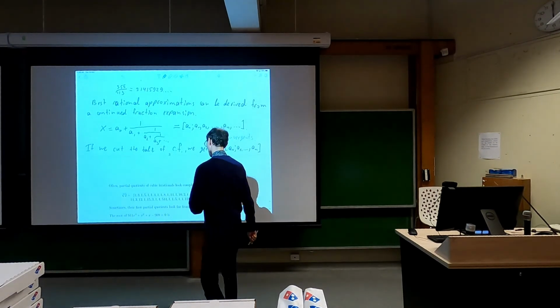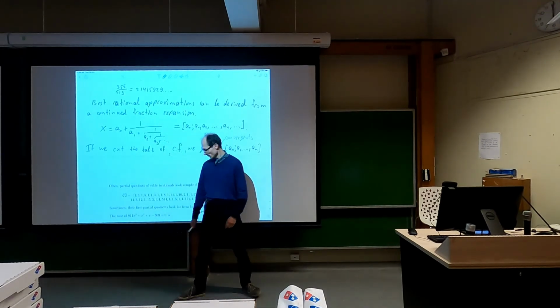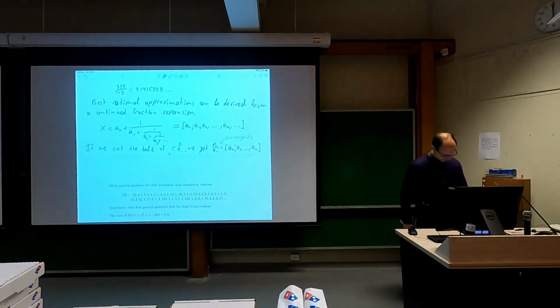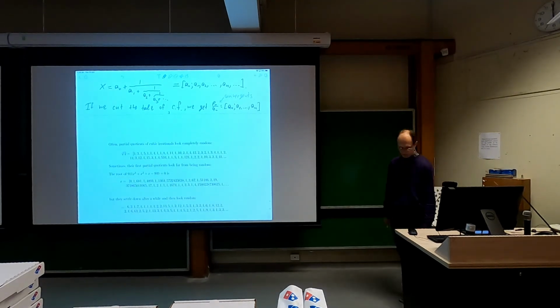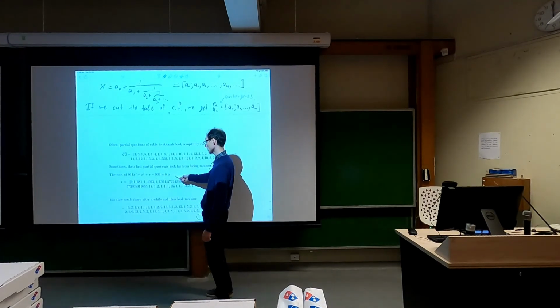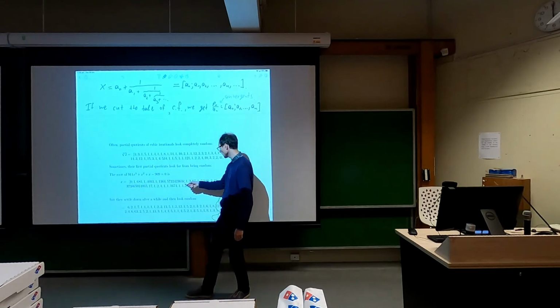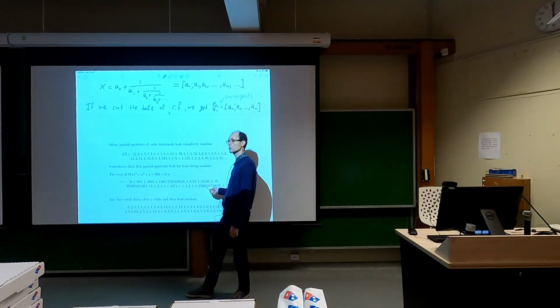On the other hand, for some cubic irrationals, it doesn't look very random. I provide one more here, right? So if you take the root of this equation, you can see that now we start having a lot of huge partial quotients.